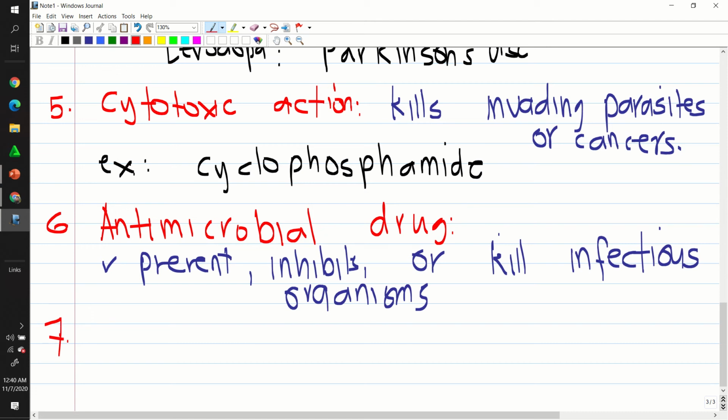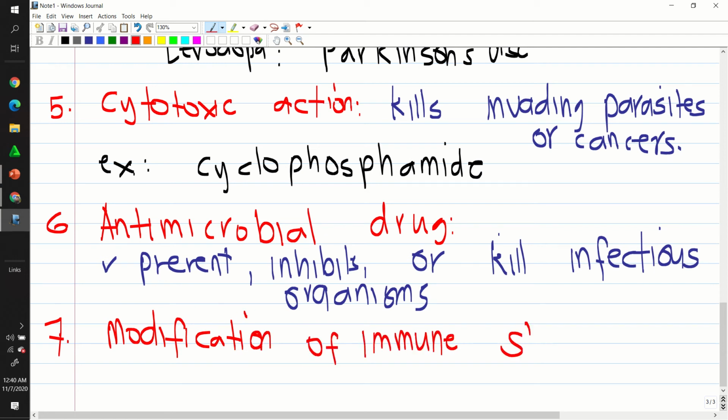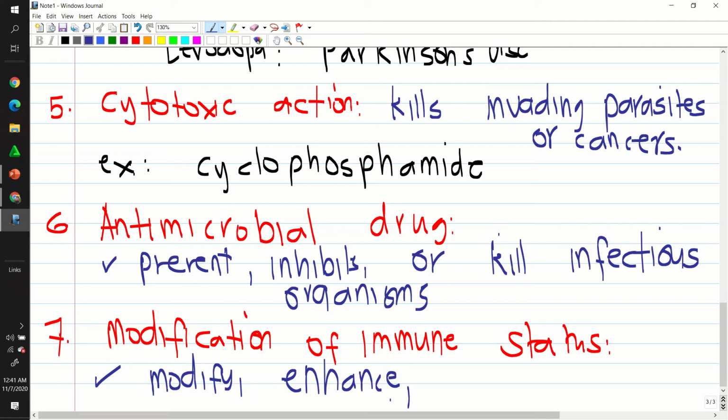And then the last mechanism of drug action is modification of the immune status. Again, obviously, it will modify, it will either enhance, modify, or depress the immune system.